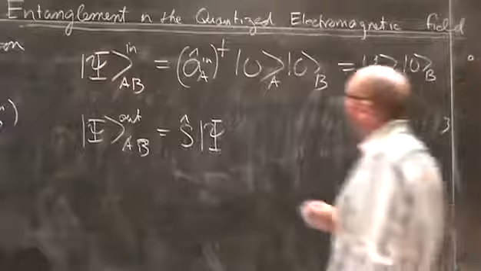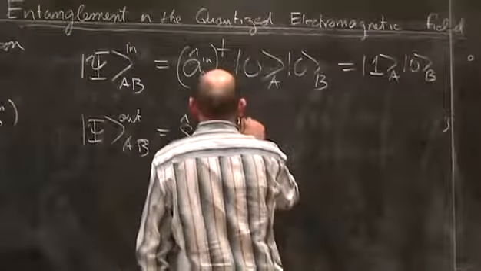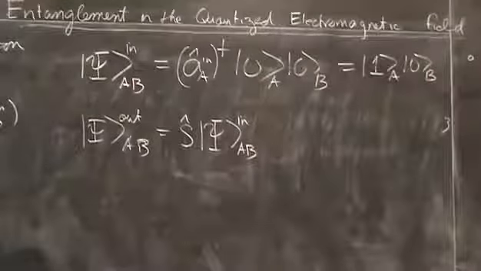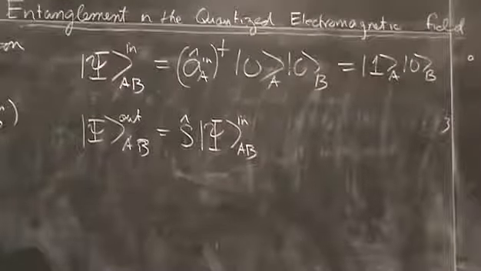Now my out state is the scattering operator acting on it. That's what the scattering operator does: it takes in to out.